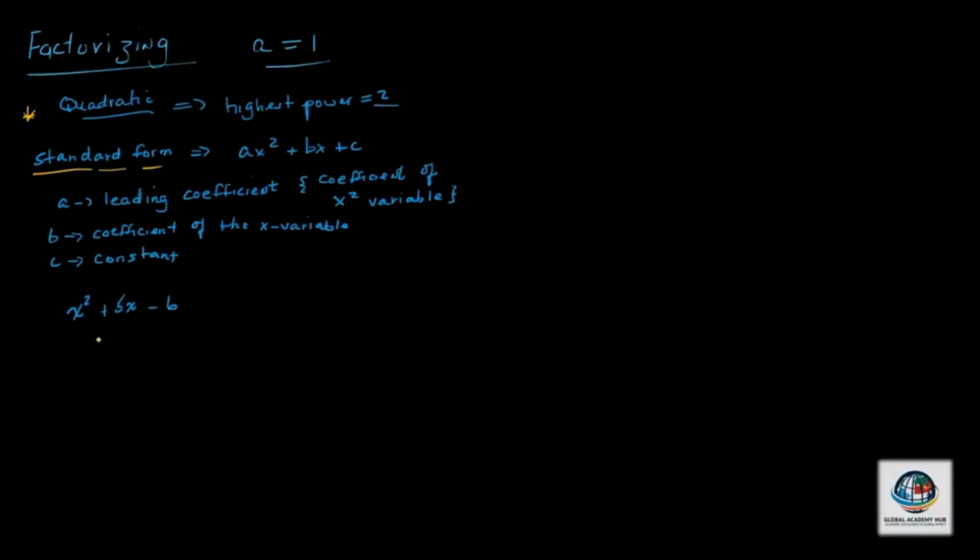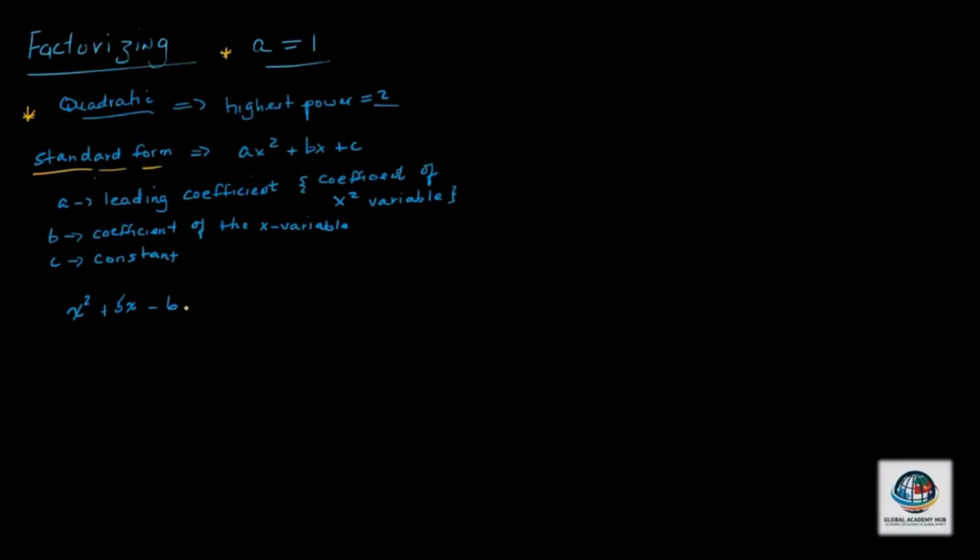So now I'm going to teach you how to factor this quadratic equation. First of all, not all quadratic equations can be factored. But if this one can be factored, this is how we do it. I'm going to take the constant. I'm actually going to take the product AC because A is 1 in this case.